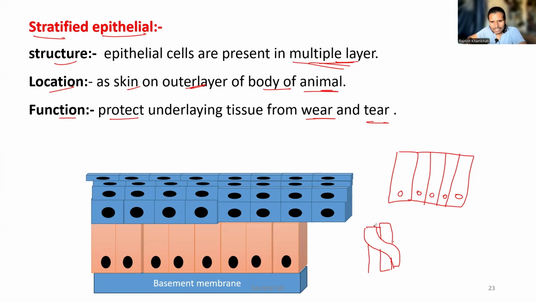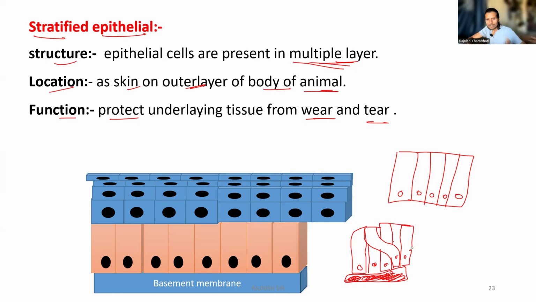This cell will be at the back side, and over here one more cell is present like this, and they all are present on the basement membrane. They will have nuclei, like nucleus here, here, here, and so on. The backside cells are here also.